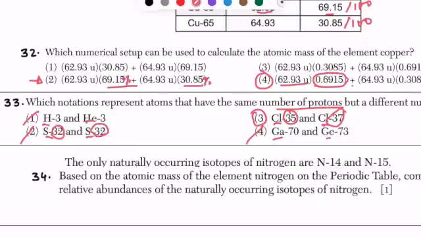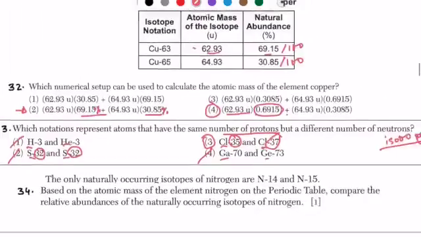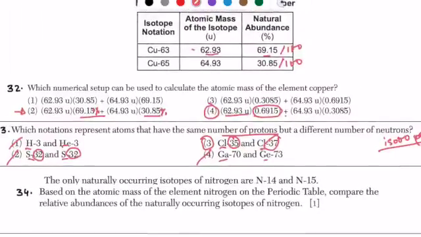And then lastly, based on the atomic mass of the element nitrogen on the periodic table, compare the relative abundances of the naturally occurring isotopes of nitrogen. This is kind of a rare question, but you must know how to answer this. So if you look at your periodic table, let me pull up my periodic table very quickly.